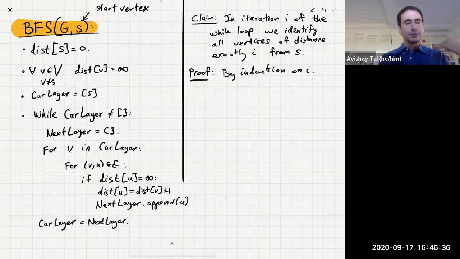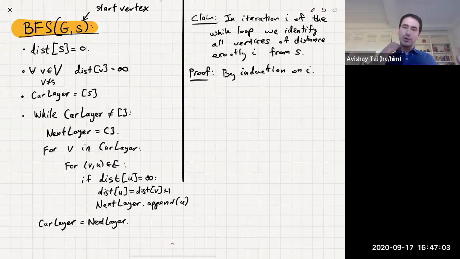We assume that we revealed everything of distance up to I, and now we need to reveal everything of distance I plus 1. In order to be of distance I plus 1, I have to have someone of distance I such that I have an edge from this vertex to me. Therefore I would be identified, so everything that I identify is a path of distance I plus 1.